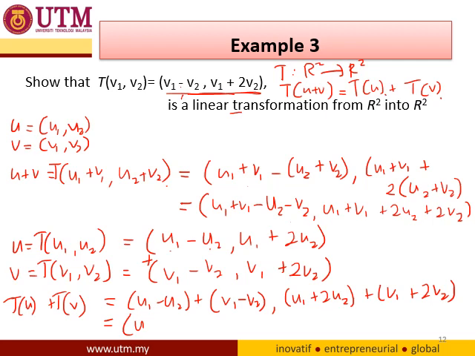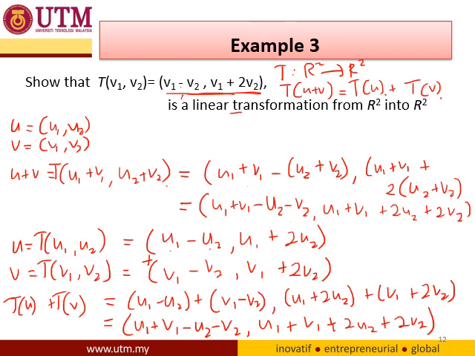Then you have your u1 plus your v1 here, make it easier, minus u2 minus v2. And then for this one you will have your u1 plus v1 plus 2u2 plus 2v2.